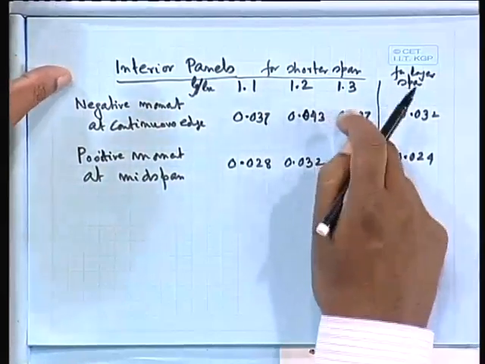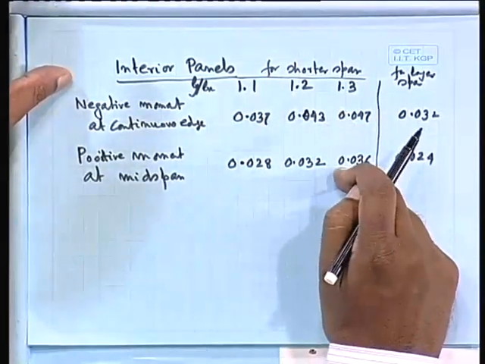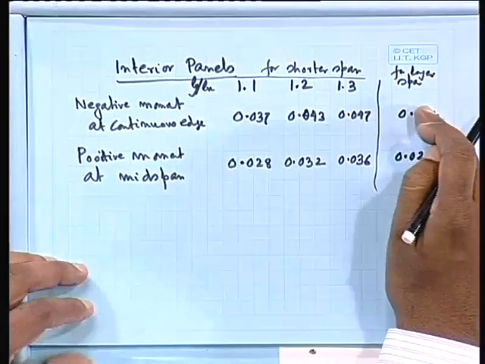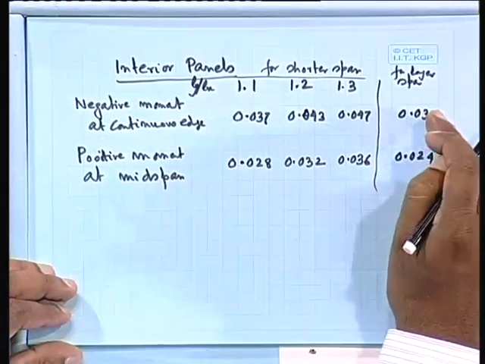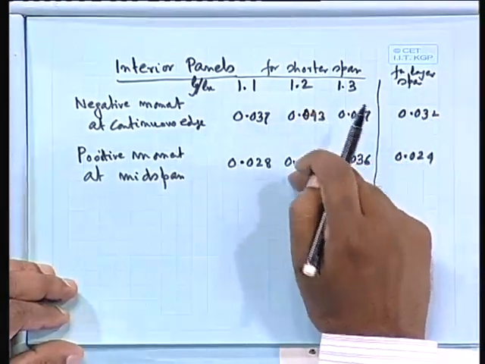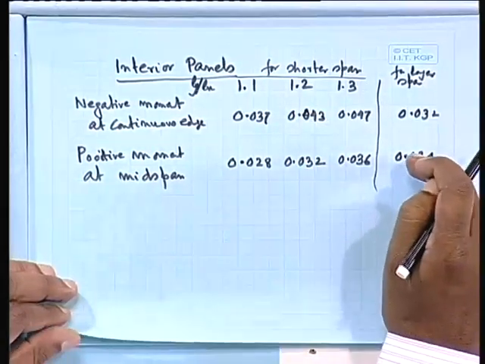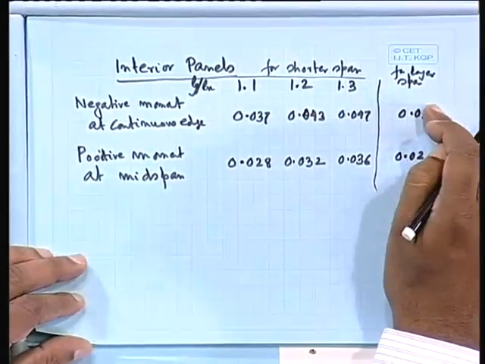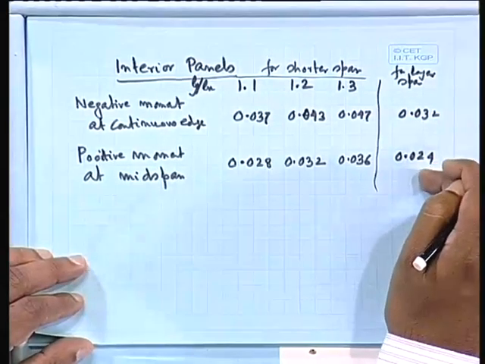So, we shall get alpha x and alpha y for the shorter span, alpha x for span and support, alpha y for span and support.